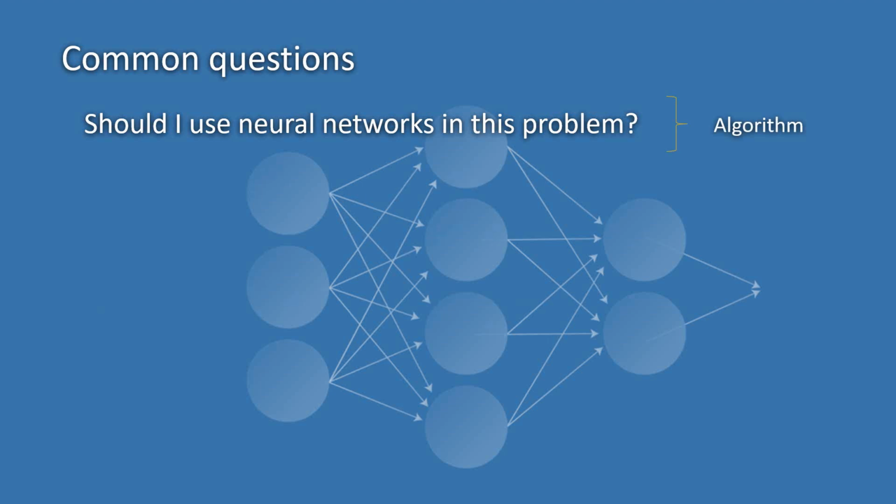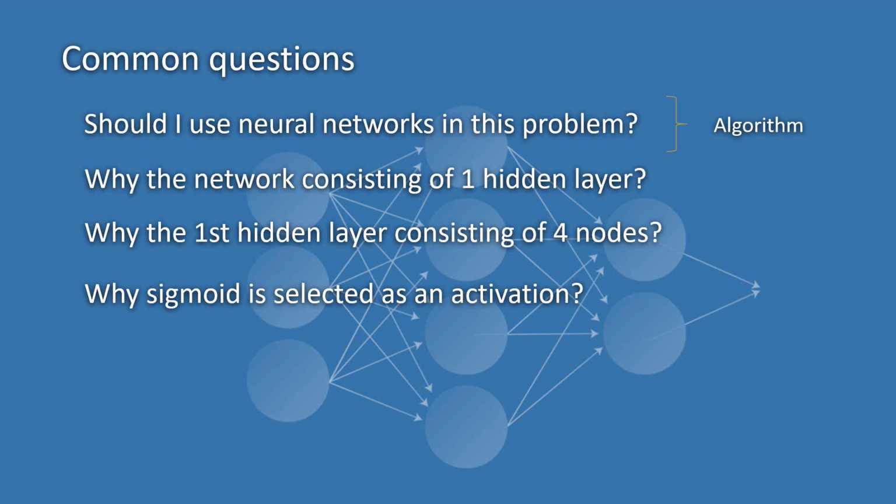Moreover, you can ask why the network consists of one hidden layer, why shouldn't it be 2 or 3 hidden layers, or why the first hidden layer consists of 4 nodes, it could be 5 or 6, or the activation function might be a question, it could be sigmoid or hyperbolic tangent.